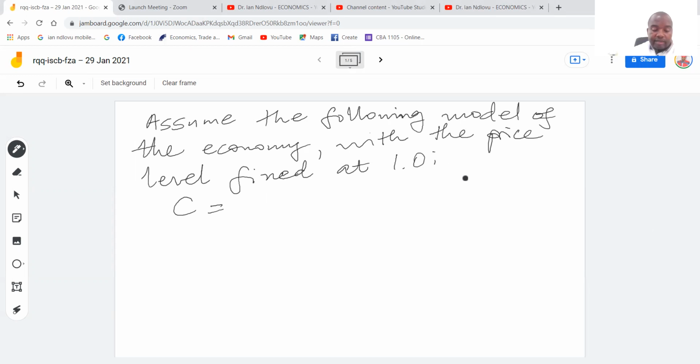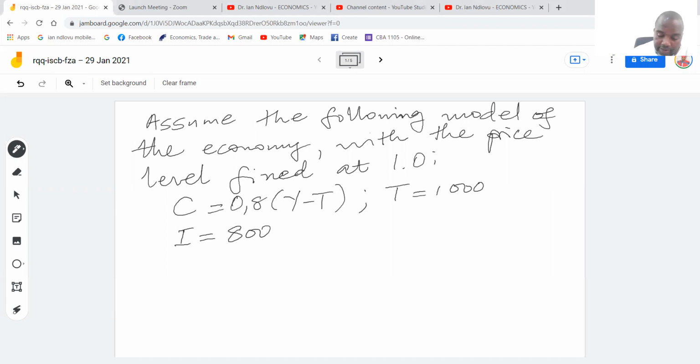And we assume that the aggregate consumption function is C equals 0.8 of (Y minus T), where T is equal to 1,000, and our I is equal to 800 minus 20R.